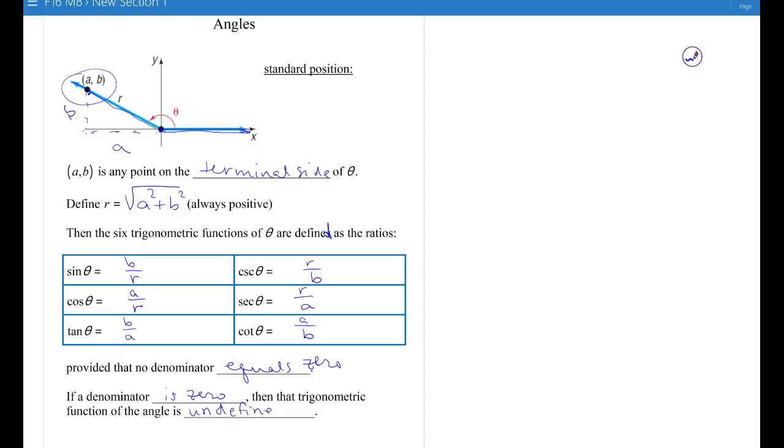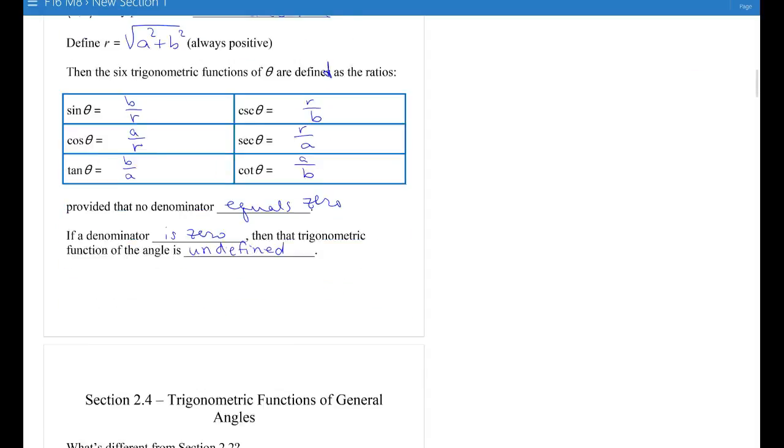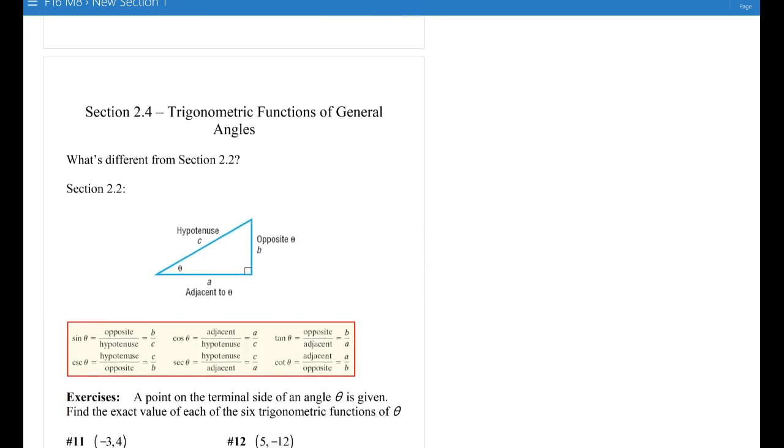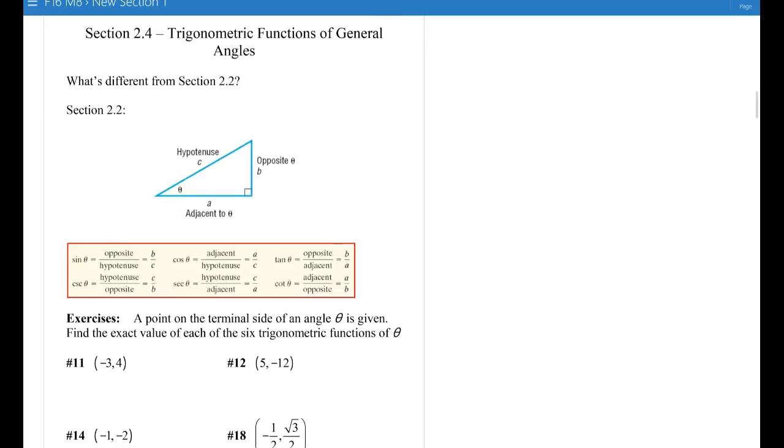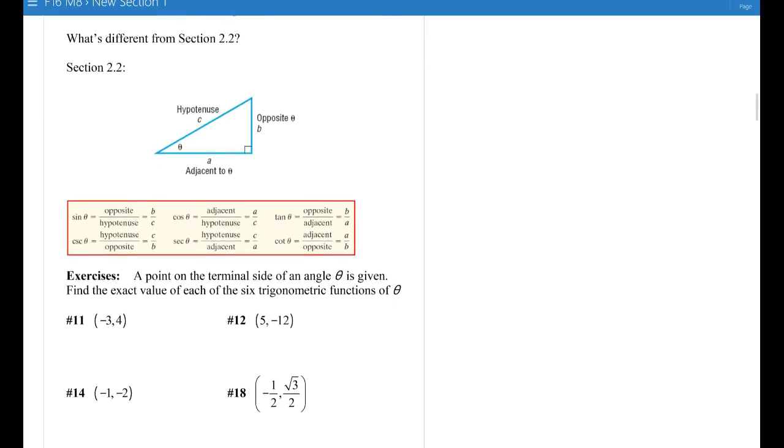So this is a concept that we carry forward from algebra, that if a denominator is trying to be 0, that function is undefined. So the trigonometric functions of general angles can be undefined. When we were talking about acute angles in a triangle, that wasn't an issue. So that's the big difference from section 2.2 when we had triangles, and so we had all these ratios, and c was like the r, but c could never be 0, and a and b could never be 0 because we were in a triangle.